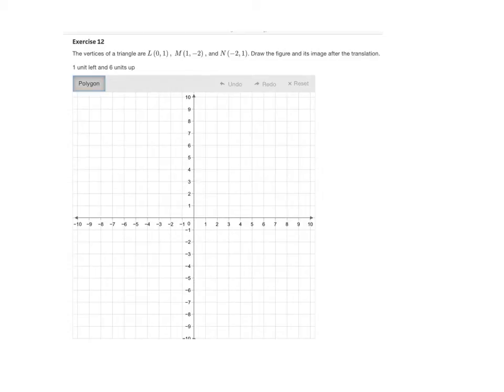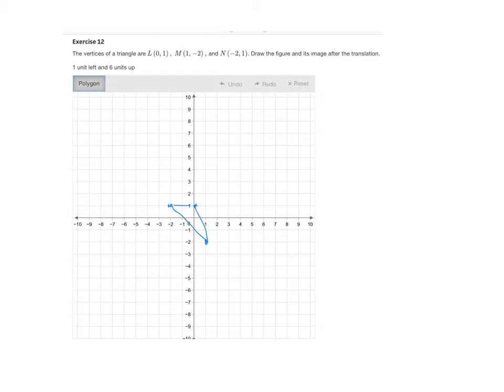Alright, number 12. The vertices of a triangle, that means the corners of a triangle, are at 0, 1. They're at 1, negative 2. And they're at negative 2, positive 1. So we have an obtuse triangle, like that.